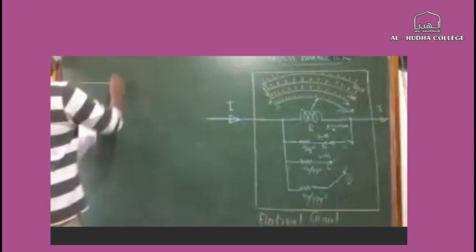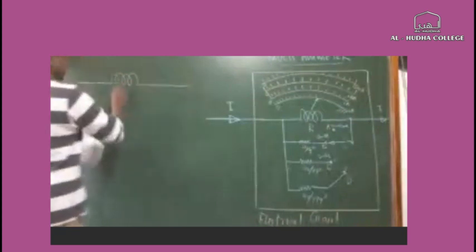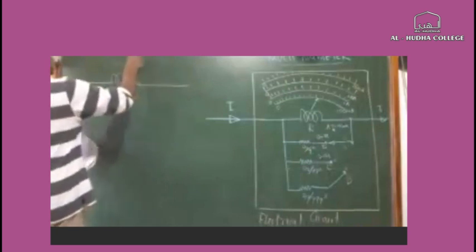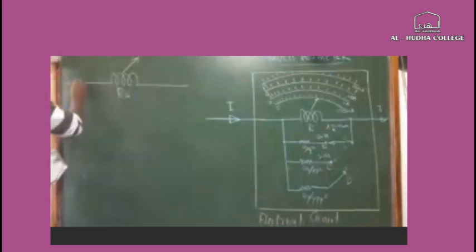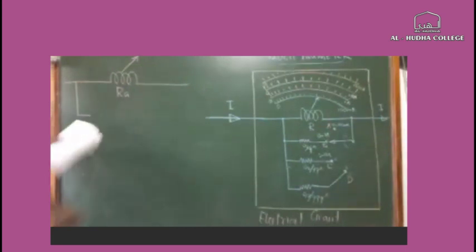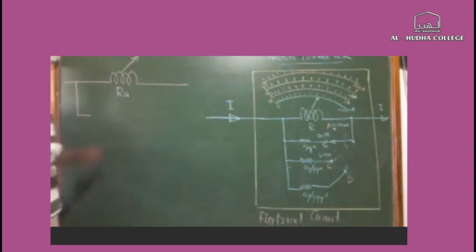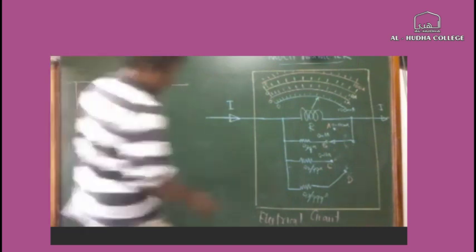Say you have RG here, the shunt. First you can have this 20 by 999.